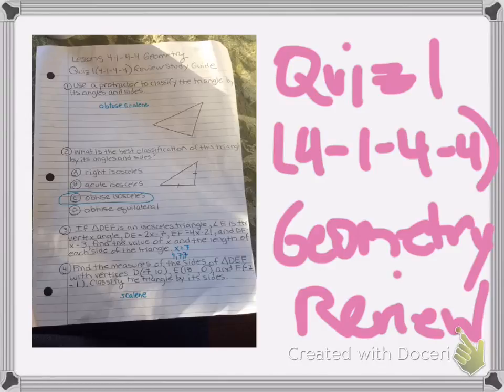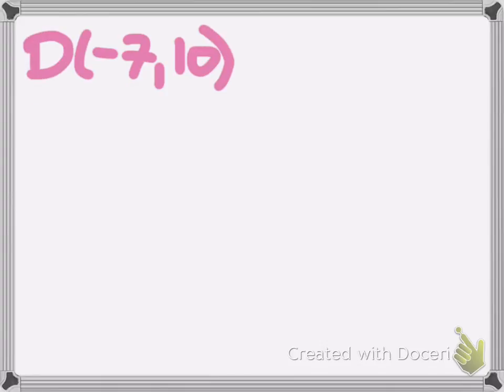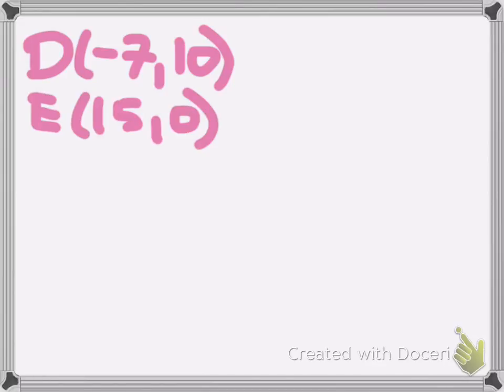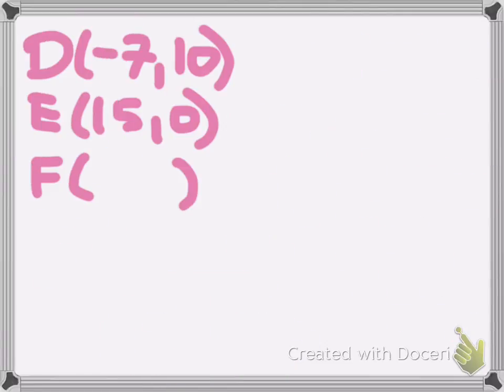So if I have D as negative 7, 10, E as 15, 0, and F as negative 2, negative 1, I'm going to have to use the distance formula 3 times. So first I'll start with DE.